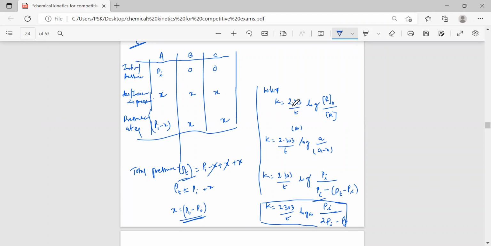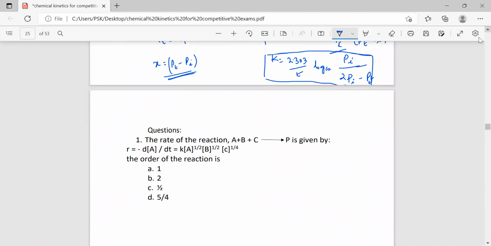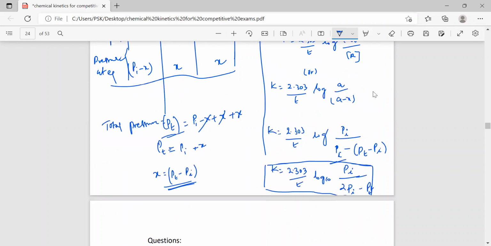So we know that K is equal to 2.303 by T log R naught by R. Or we can write the first order reaction rate constant equation as K is equal to 2.303 by T log A by A minus X. A is initial concentration, so we change it to initial pressure because it is in terms of pressure. So I write it as Pi.